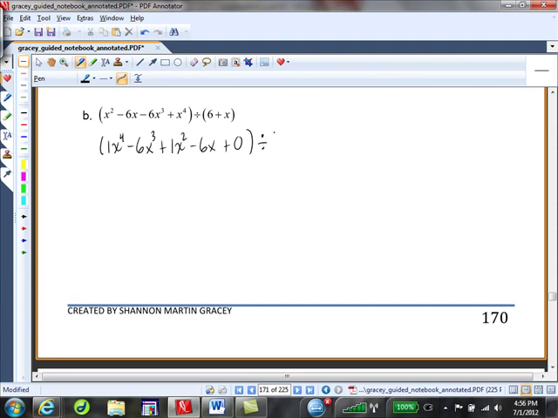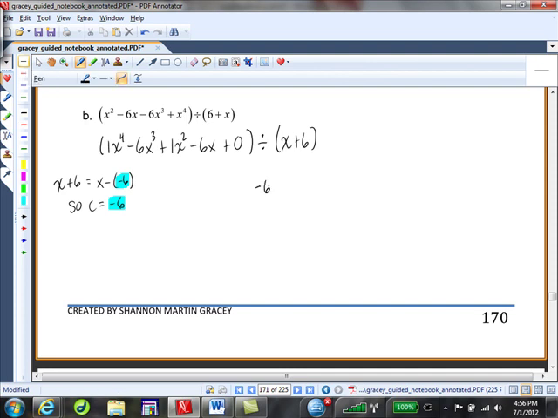And then I'm going to write divided by x plus 6. Okay, so x plus 6 is the same as x minus negative 6. So C equals negative 6. Whatever comes after the minus on that divisor is your C.